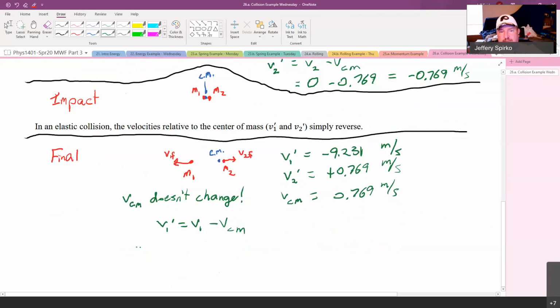So this is negative 9.231 equals V1 minus 0.769. So I plug in my negative velocity now on the left. I don't know V1 yet, but I do know V center of mass because it never changed. I plug that in, and now I see I can just add 0.769 to both sides.